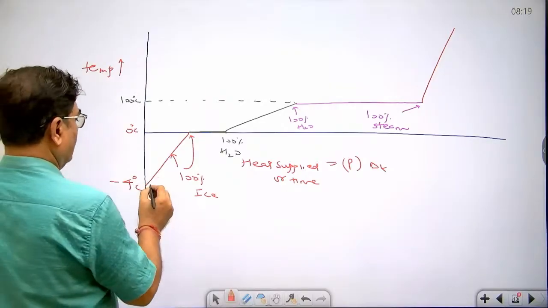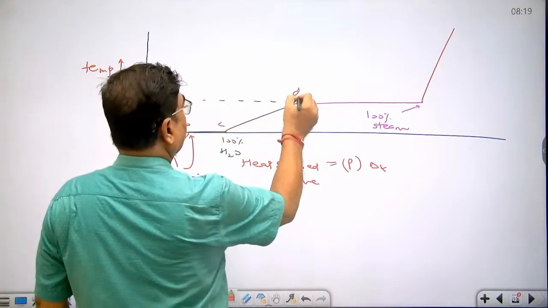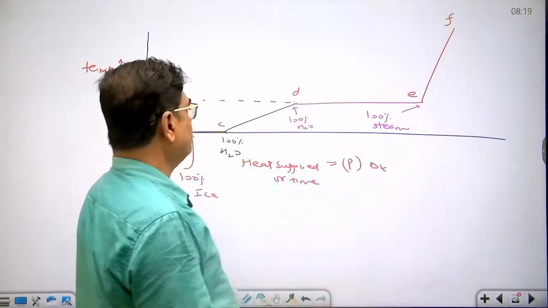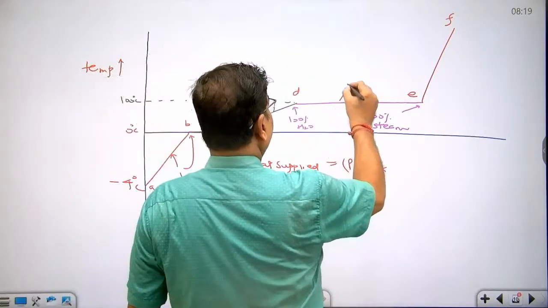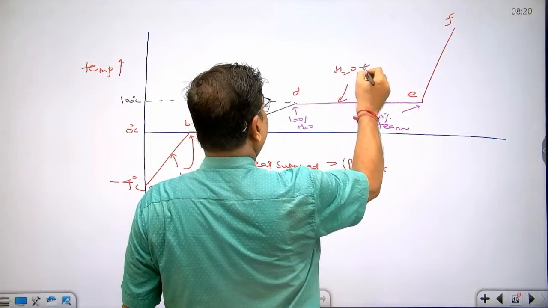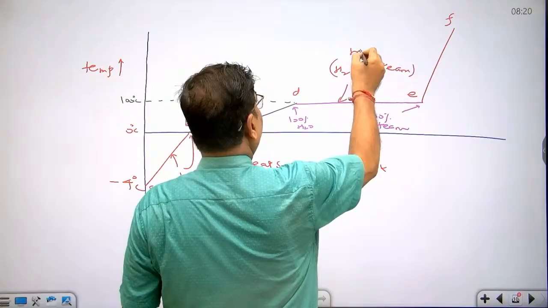Suppose this is A, B, C, D, E and F. Here in between, there is a mixture of water and steam at 100 degrees centigrade.